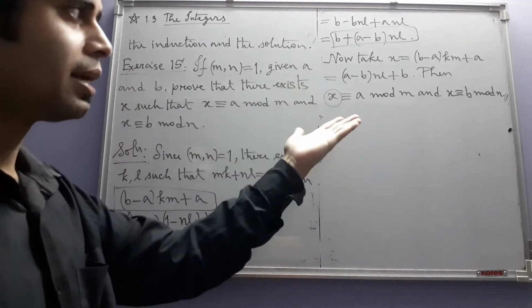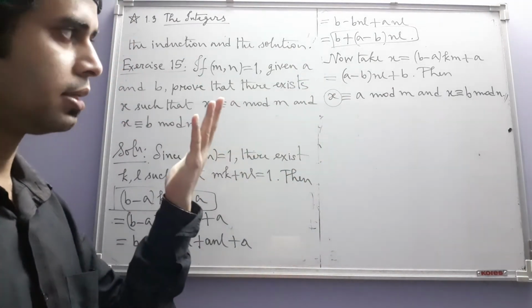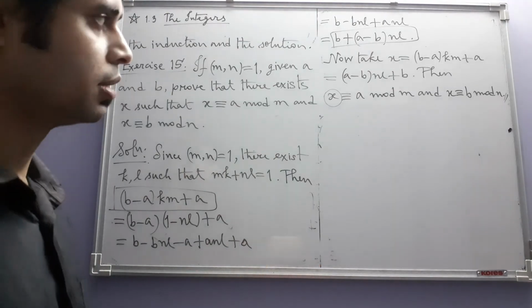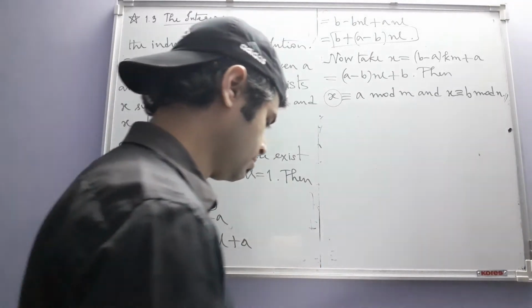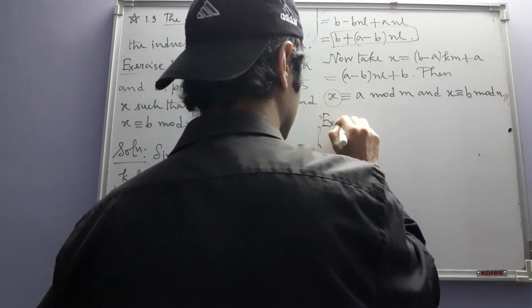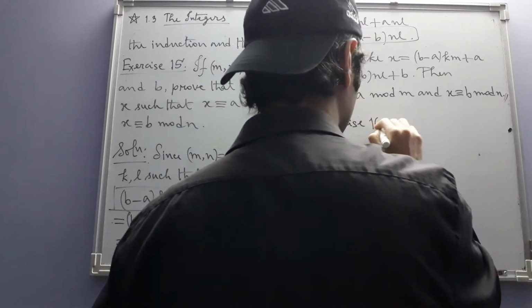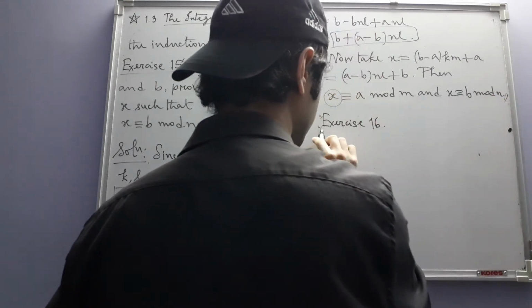This thing can be generalized to give us that result, which has the name the Chinese remainder theorem in number theory. Then we come to exercise 16. So this solution ends here.